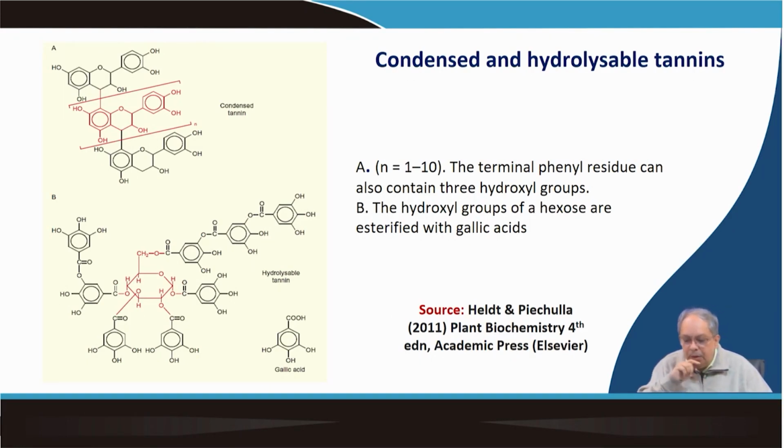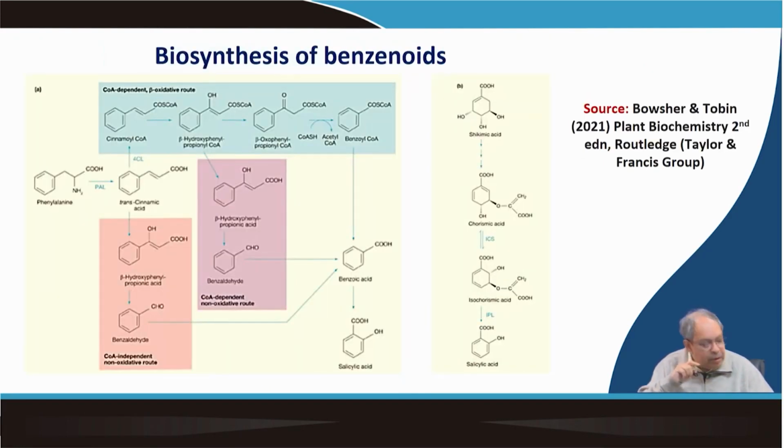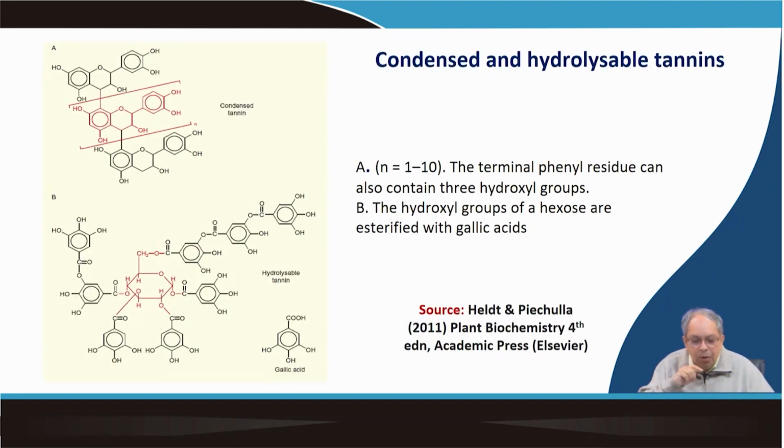Now, come to the condensed tannins. Condensed tannins basically are formed by joining of this C6, C3, C6 in multiple numbers, where n equals 1 to 10.